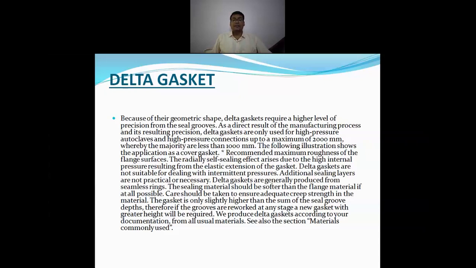As a direct result of the manufacturing processes and the resulting precision, delta gaskets are only used for high pressure autoclaves and high pressure connections, up to a maximum of 200 centimeters. The majority are less than 100 centimeters. The following illustration.